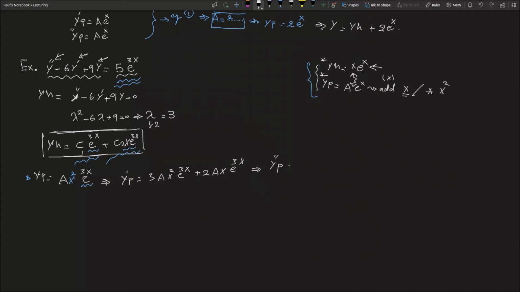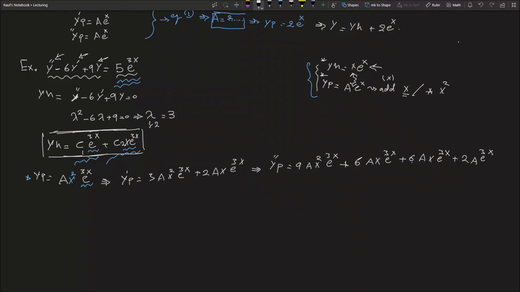Y double prime of p equals 9a x squared e to the power of 3x plus 6a x e to the power of 3x plus 2 multiplied by 3, which will be 6 in this case, a x e to the power of 3x plus 2a multiplied by e to the power of 3x.